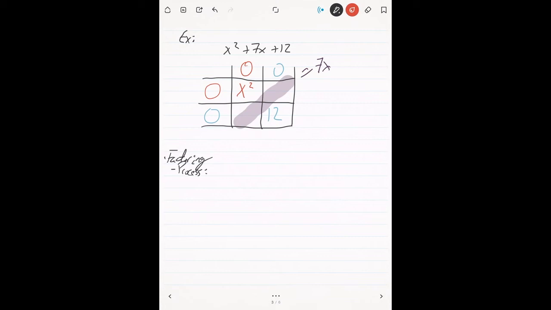So the first thing we need to do is identify what times what got us x squared. Hopefully you're saying that x times x got you x squared. That must have been the first thing in each of the binomials, because how do we get an x squared? Well, x times x.